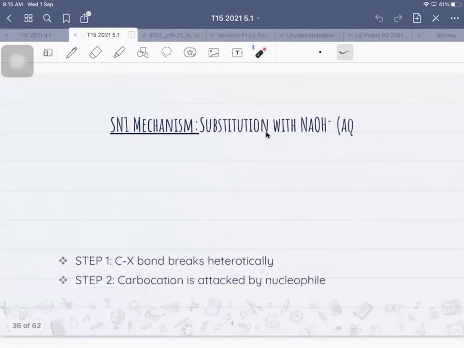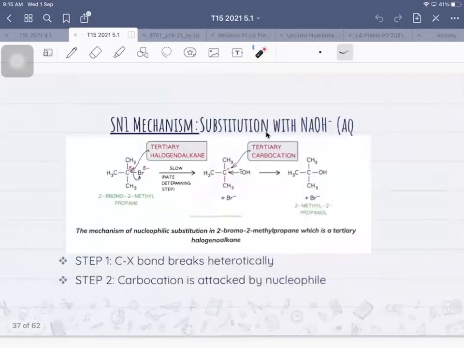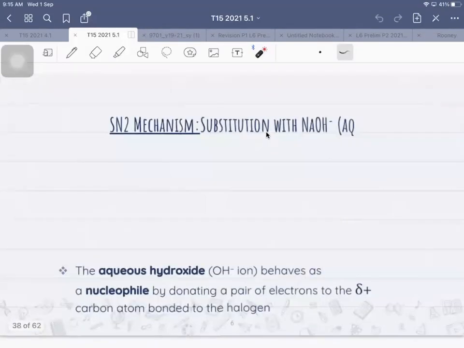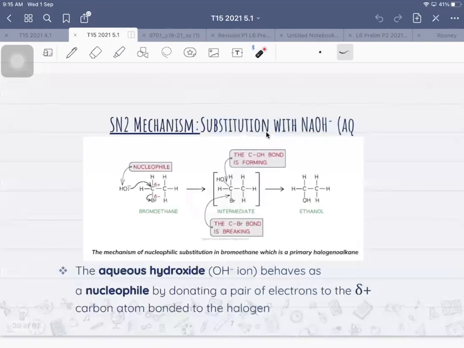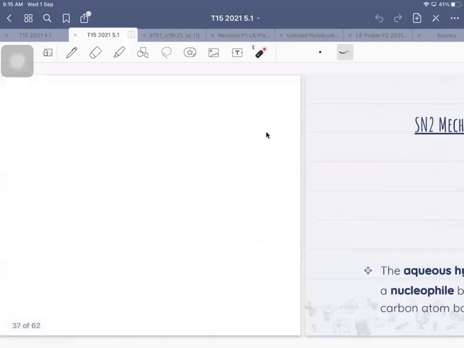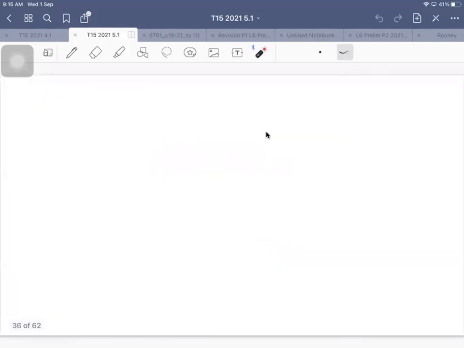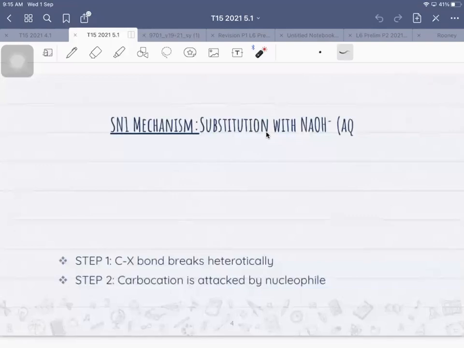Right, so we have not... wow, really, we have not? Have you not drawn? Oh, we have, yes. I've drawn for you the SN1 and SN2 mechanism with sodium hydroxide.